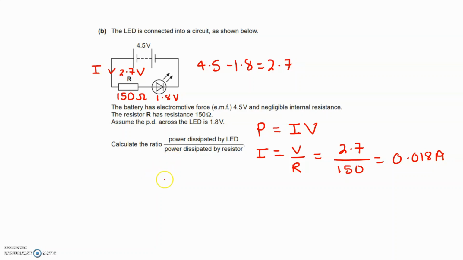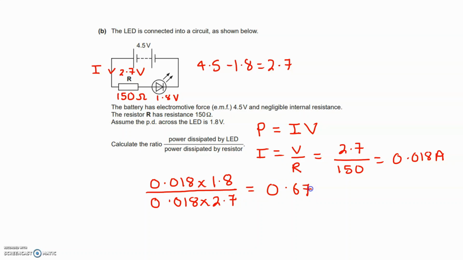So the power dissipated by the LED, which is current times voltage, is 0.018 times the potential difference across the LED, which is 1.8, and the power dissipated by the resistor is the same current, 0.018, times the potential difference across the resistor, 2.7. If you calculate that, it gives you a ratio of 0.67, which is the answer that you were looking for.